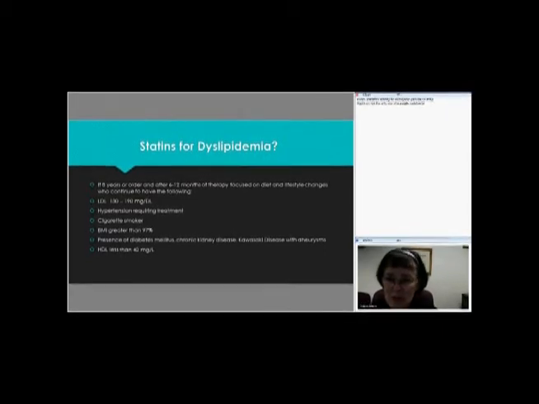And we've done everything else like diet and lifestyle changes, but they continue to have, for example, elevated LDLs, high blood pressure, their BMI is greater than 97%, and they're running along with diabetes, kidney disease, Kawasaki disease with aneurysms, and their HDL is not elevated, and they smoke. So we know that we're beginning to prescribe little kids statins. And that was really, honestly, unheard of years ago.